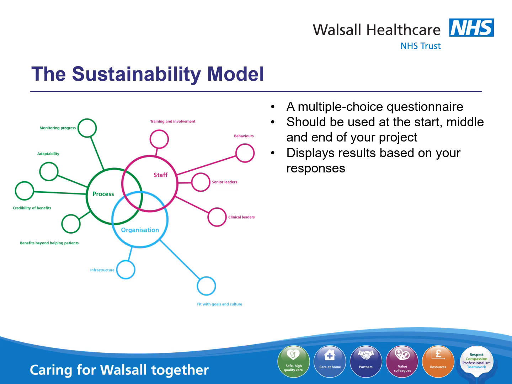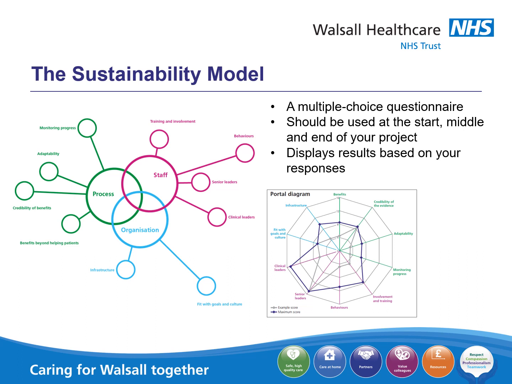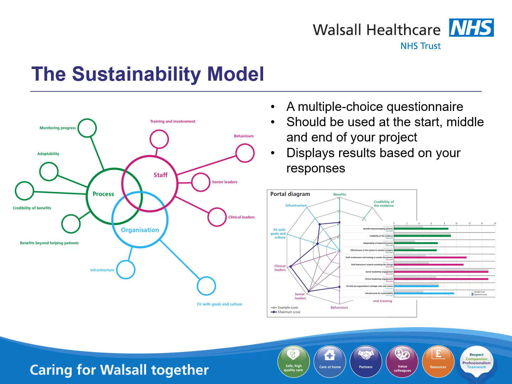This tool will give you a score and it will identify areas where you need to work on. The tool presents it in 2 different formats. It can present it to you in a radar diagram, or in a bar chart. So we're looking at staff, process and organizational factors.